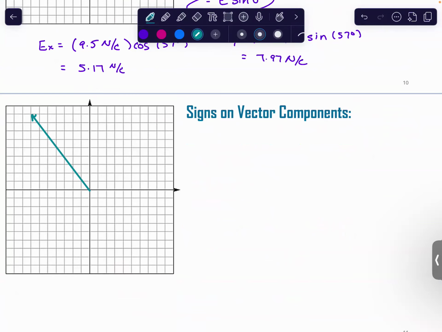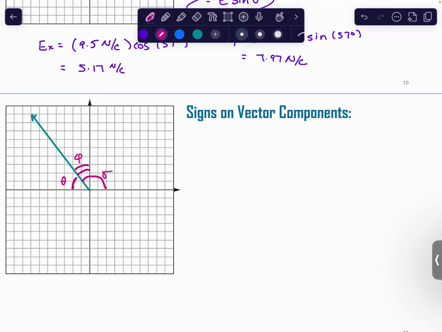Okay, so we are going to do this 3 different ways. We have angles theta, phi, and gamma.